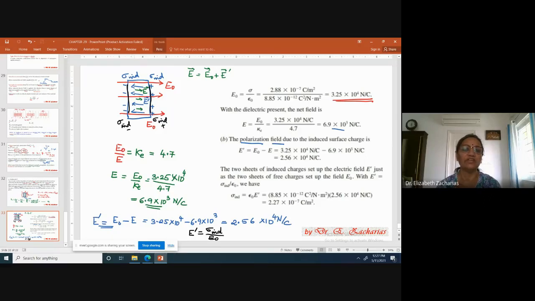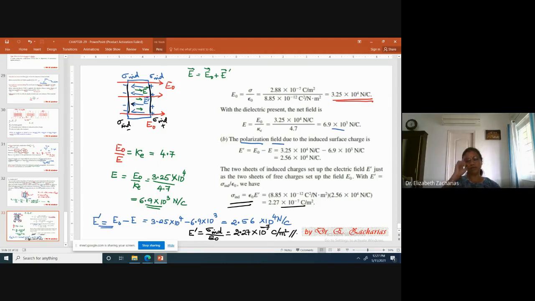So E prime, look at the direction, E prime is this. Okay, so you can get your E prime as sigma induced divided by epsilon naught, which is what the author has done here. And he gets the value of the induced charge density as 2.27 into 10 to the power of minus 7 coulomb per meter square.